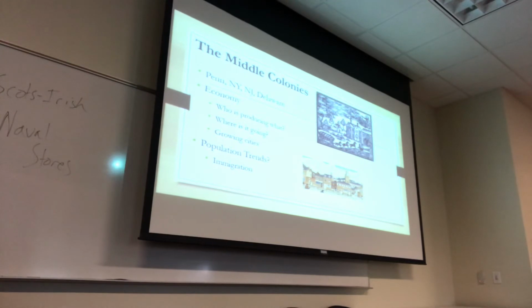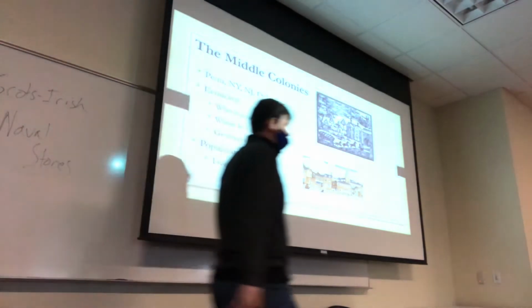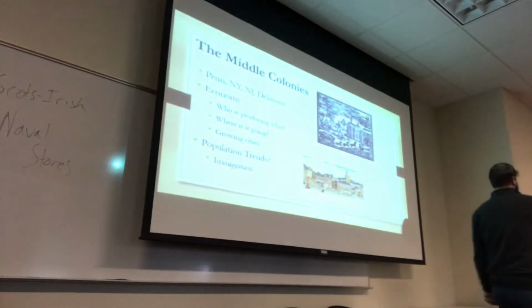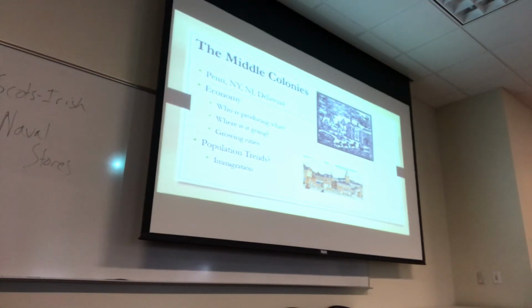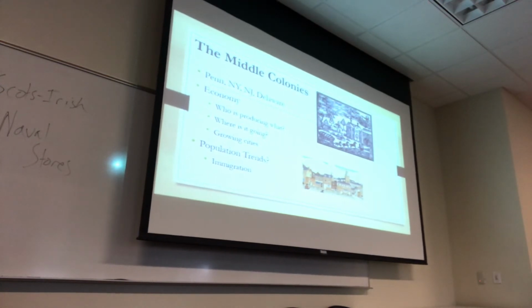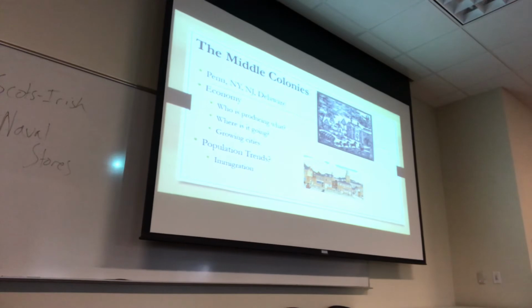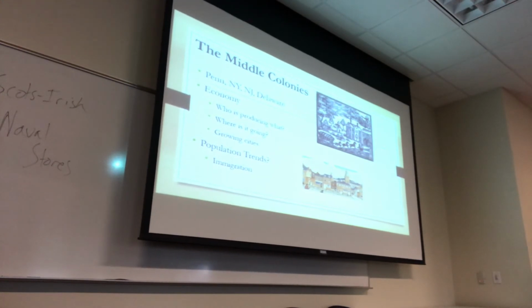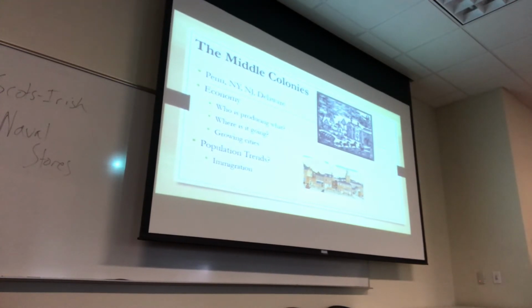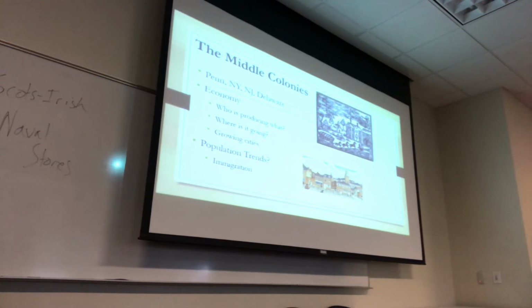Just below those New England colonies, we have Pennsylvania, New York, New Jersey, Delaware. We call these the middle colonies. Here, too, it's a lot of small family farms. You don't have a lot of big plantations, and you don't have a lot of slaves.